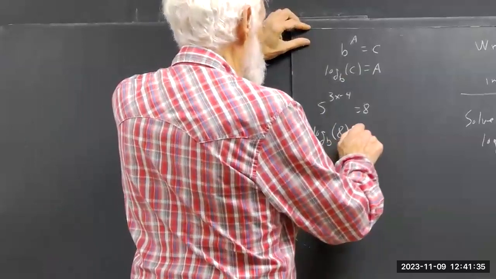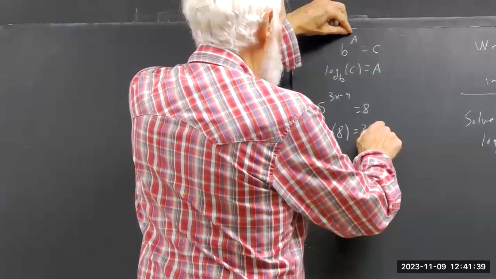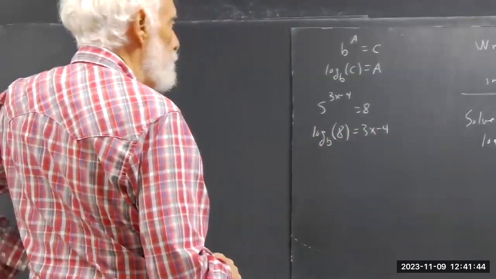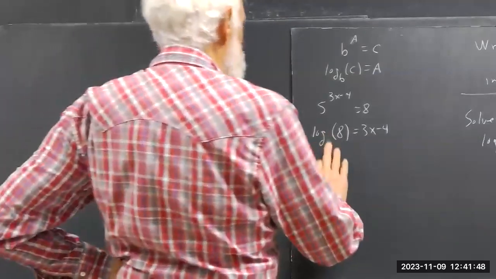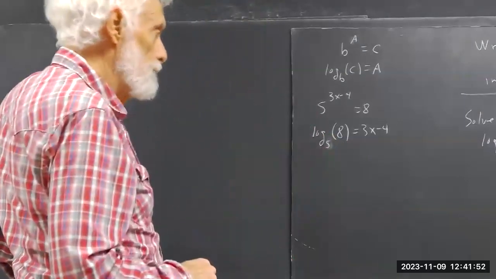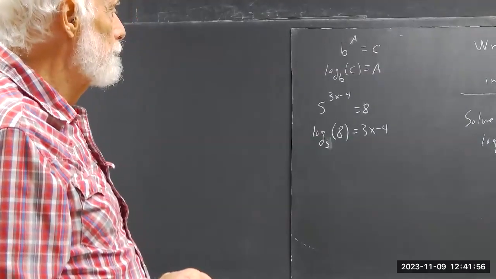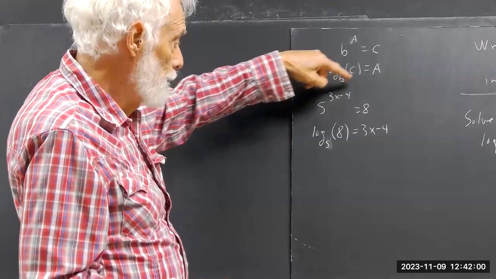That's your 8. And that's going to equal the exponent. And of course, it's log base 5 of 8. B is 5 obviously here, and B will be 5 down here.